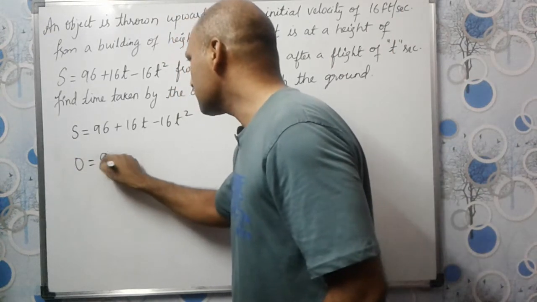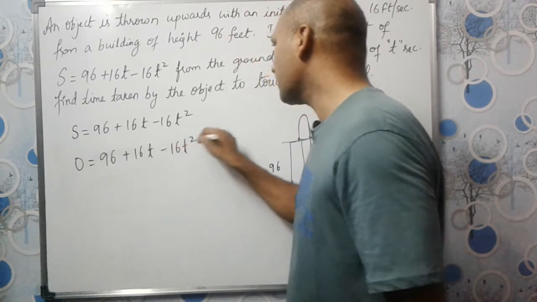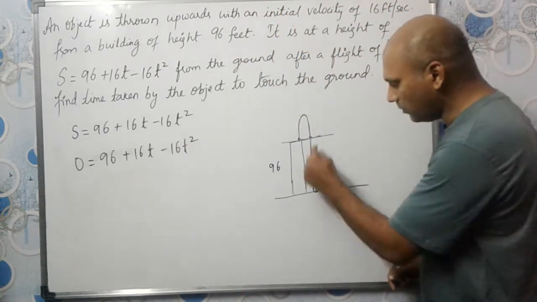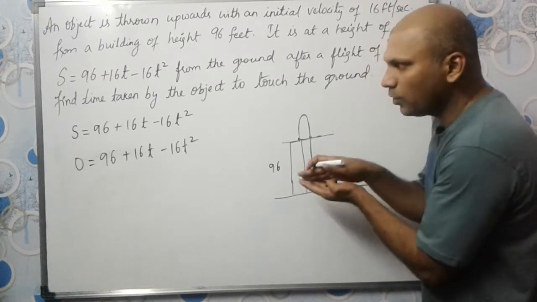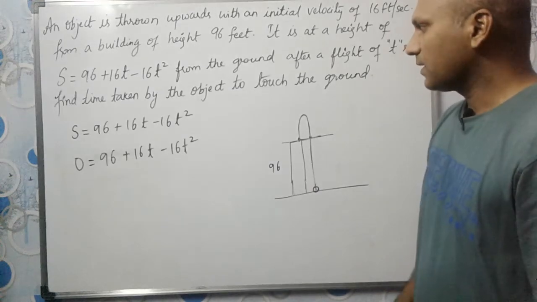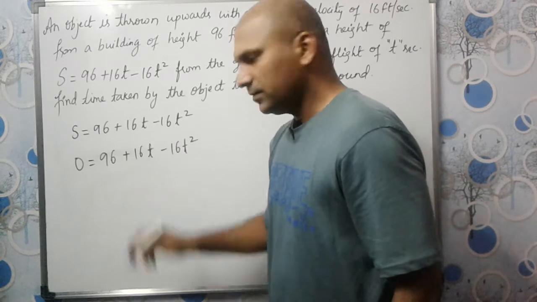Alright, so this is 96 plus 16t minus 16t square. S should be equal to 0. Okay, because when the ball is touching the ground, the distance between the ball and the ground will be 0, right? We need to find the time taken. We need to find the value of t from this equation.